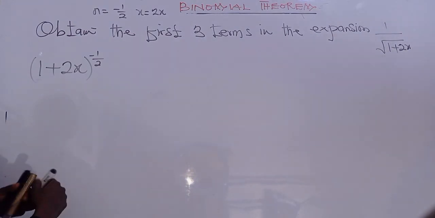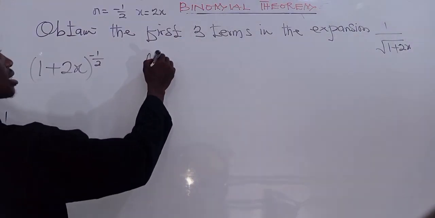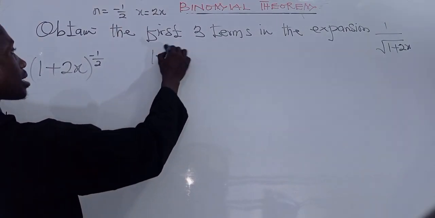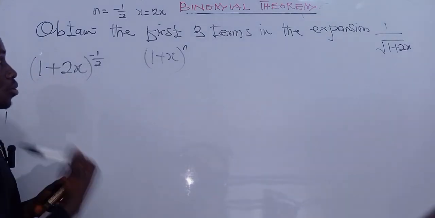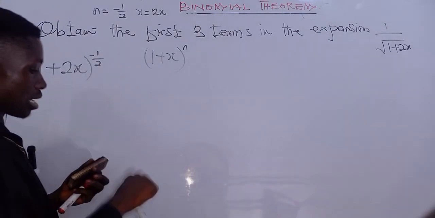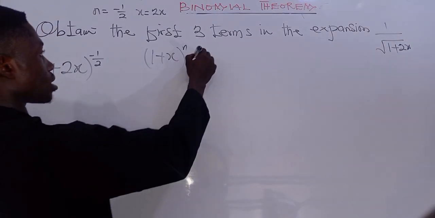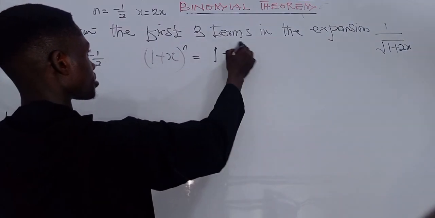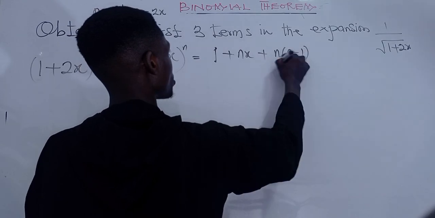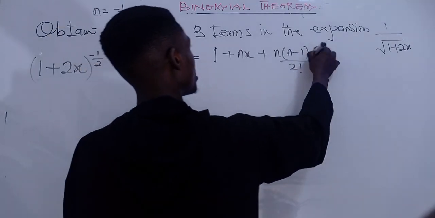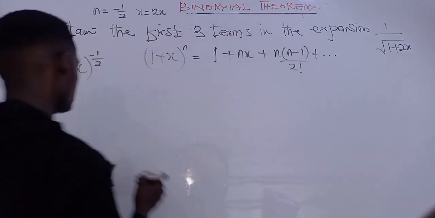So we have to use the binomial theorem for a rational index where the first term is 1. In doing that, we are going to use this formula. If you have forgotten, let me write it here. 1 plus x raised to the power n. So we have 1, and then we have nx, we have n minus 1 all over 2 factorial, and so on.